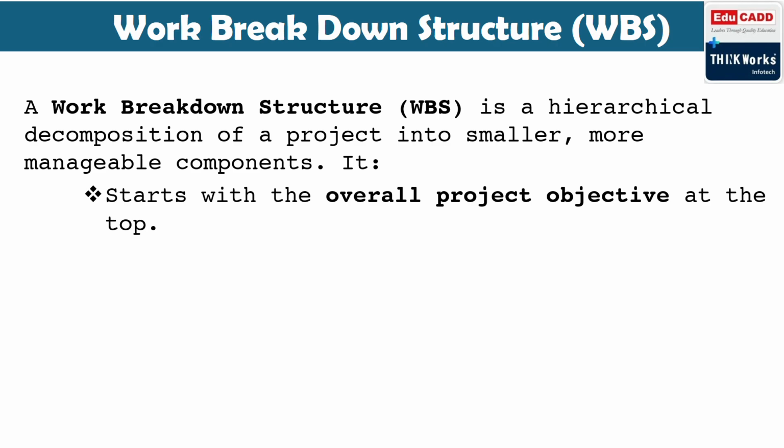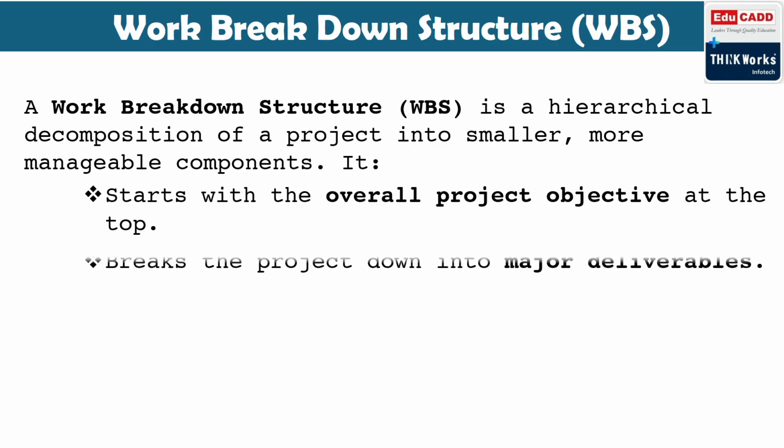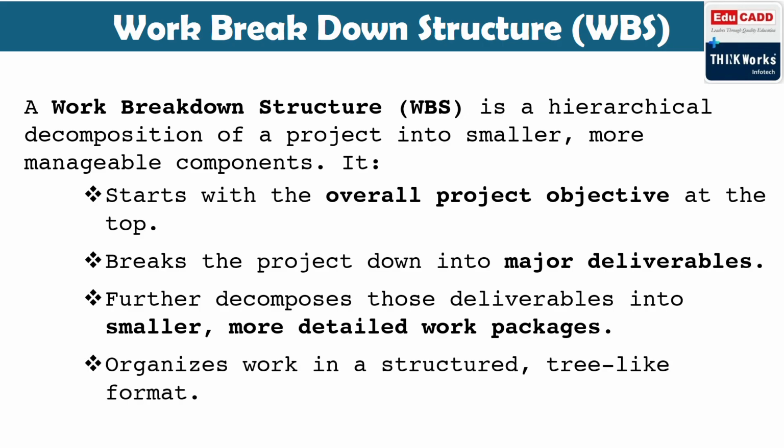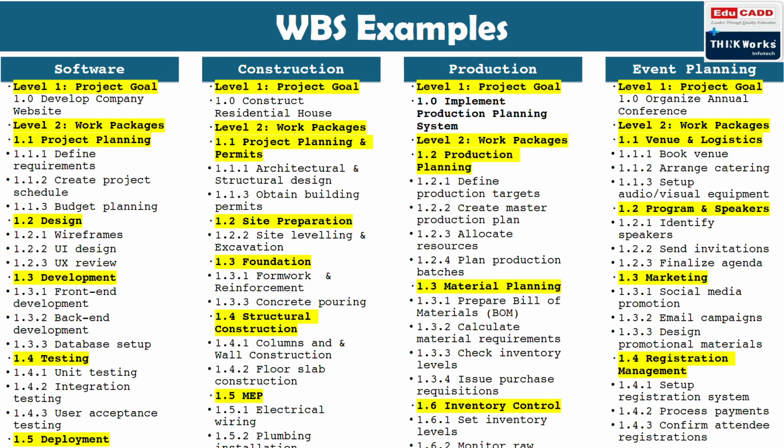For example, we start with the overall project objective, then major deliverables, then we break into minor deliverables, smaller or more detailed work packages. Under that we add the activities, organized in a structured tree-like format. Okay, so that is our WBS.